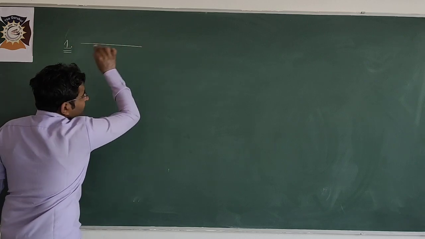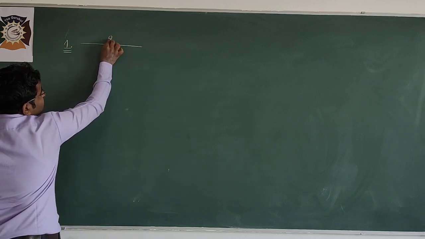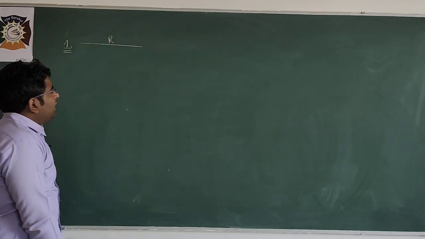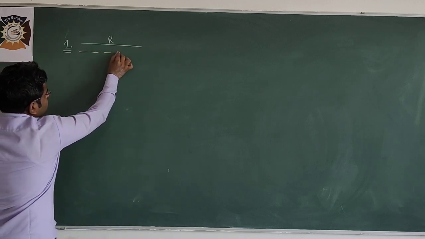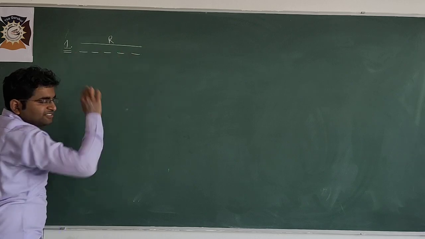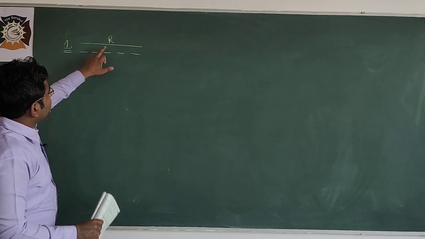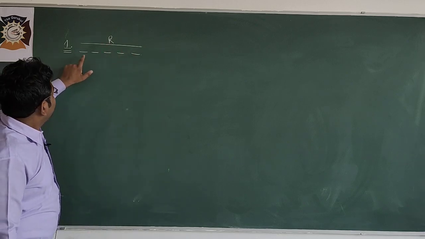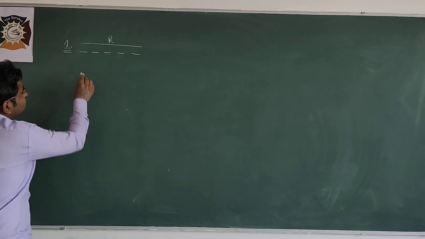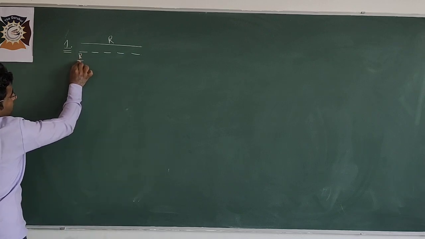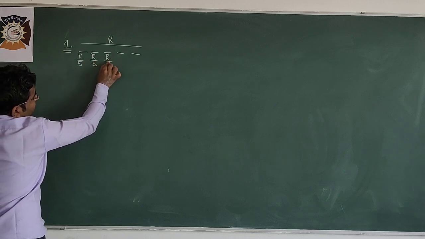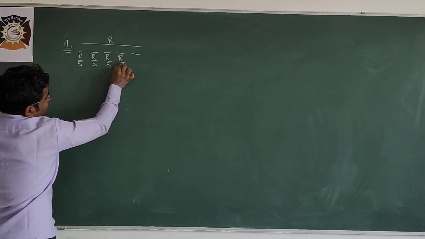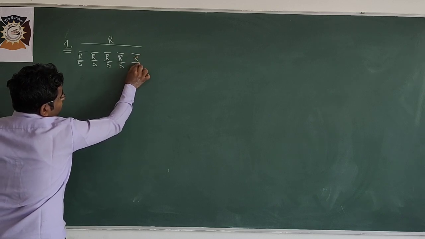Let this be a wire. Resistance is given as R and we have cut it into 5 parts like this. Clear? If this wire has resistance R, then each part will have R by 5, same R by 5, R by 5, R by 5 and R by 5.